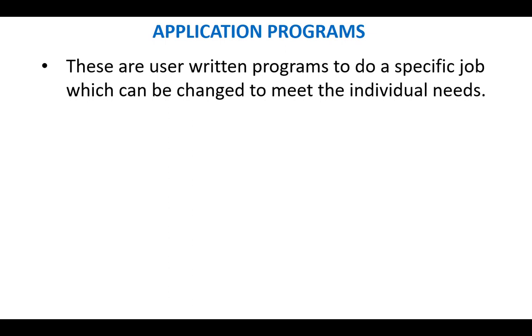Examples of such applications, which are simply programs written to do specific jobs, may be payroll, billing, railway reservation. So you have a lot of such applications. Application programs can easily be changed.